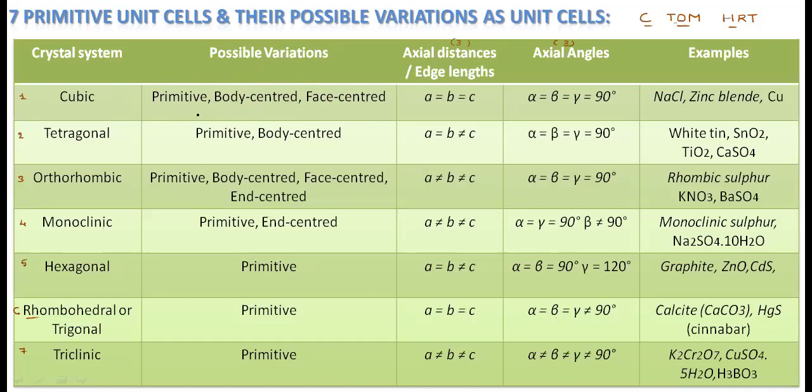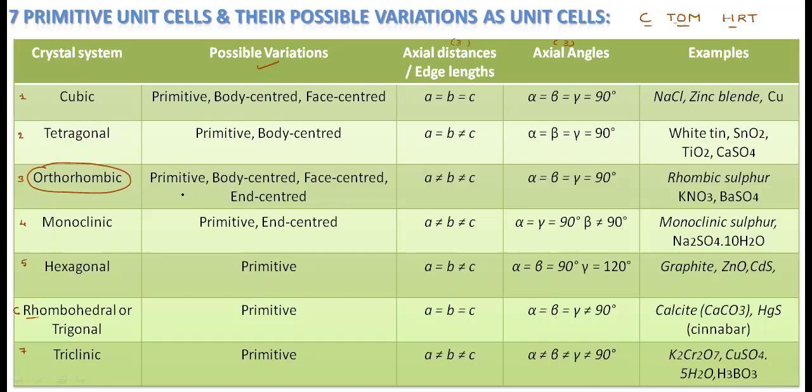Now we'll try to remember a way in which the possible variations are shown by these 7 crystal systems. Try to follow the same order. Give importance to orthorhombic first, the third one, to remember the possible variations. To remember the possible variations shown by the crystal systems, just start by remembering from orthorhombic.